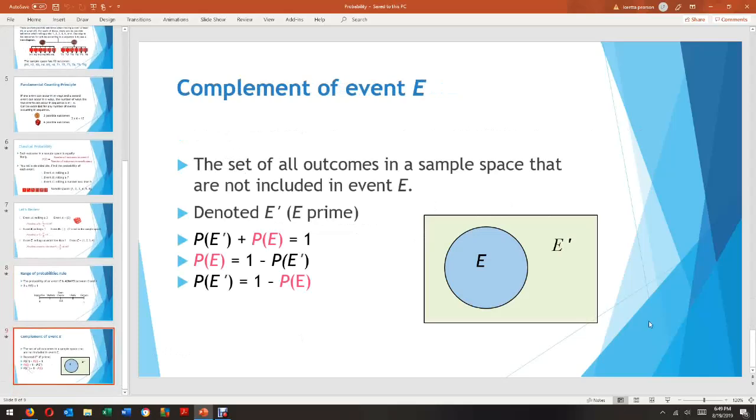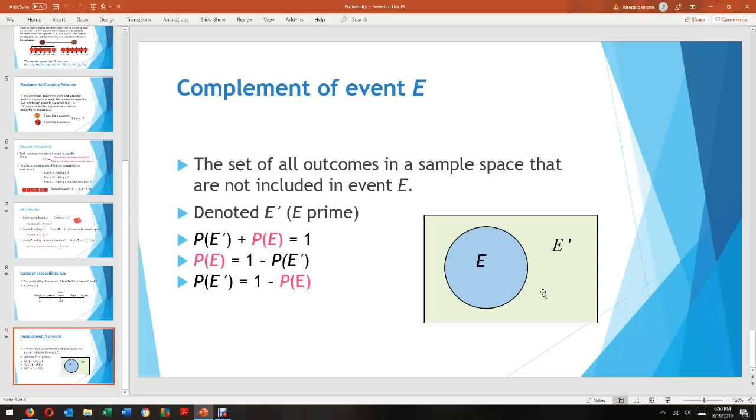The last term we need to think about is the complement of an event. The set of all outcomes in a sample space that are not favorable to that event would be the complement of the event. And if you look at the little Venn diagram over here and think about the die again, inside the green portion, we would have the numbers 1 through 6.